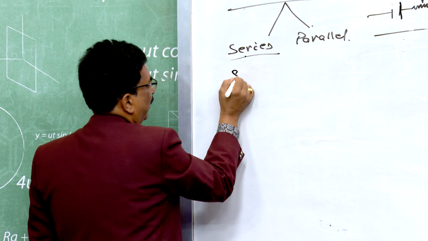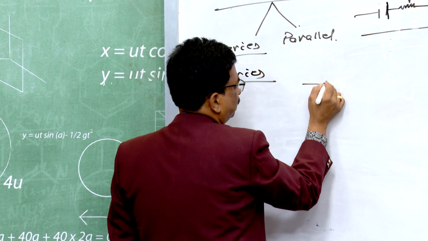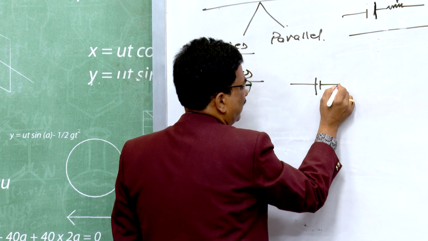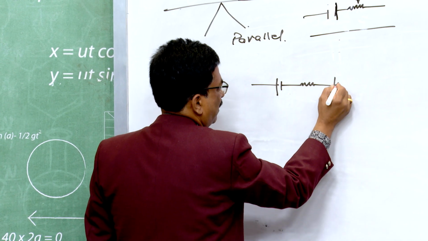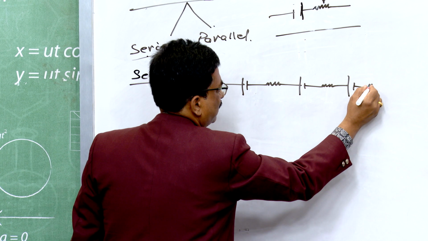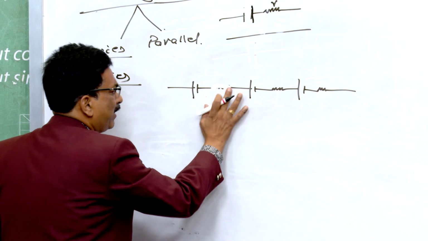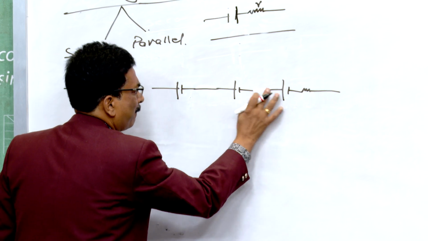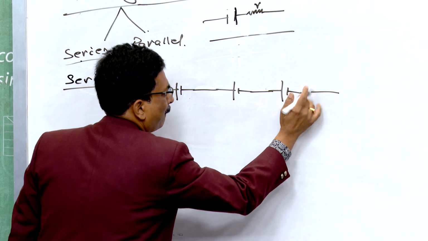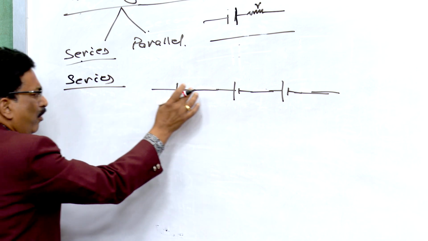If we go for the series one, suppose this is a cell, this is a cell, and this is a cell. Suppose I have taken 3 cells. If you omit this one, that can also be represented as a cell.